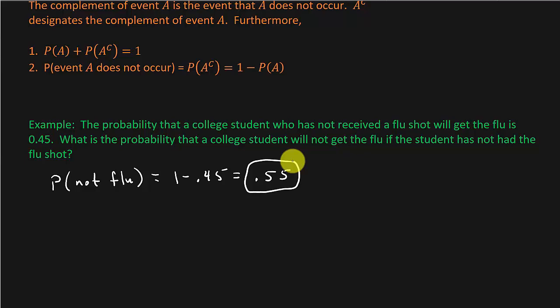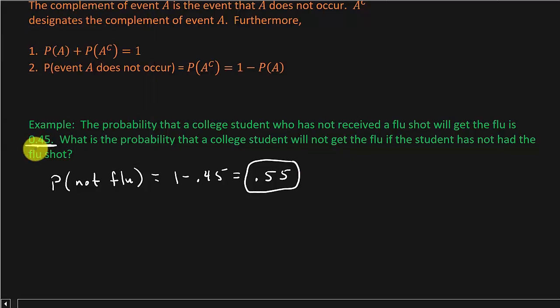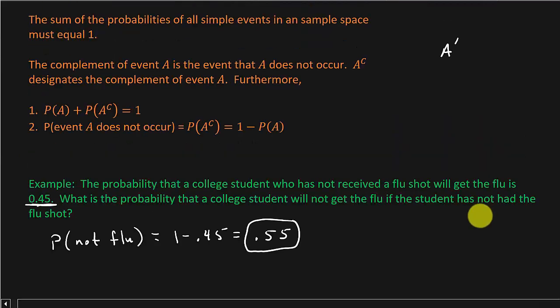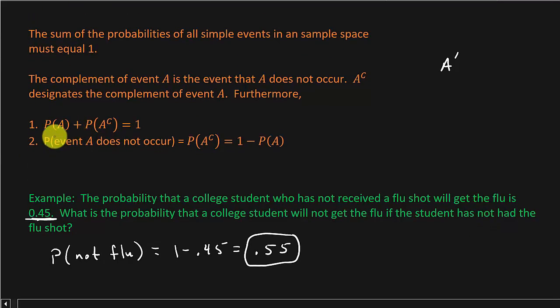They just give us the probability, and then they're asking for the complete opposite, the complement of what they're giving us. So it's just 1 minus that.